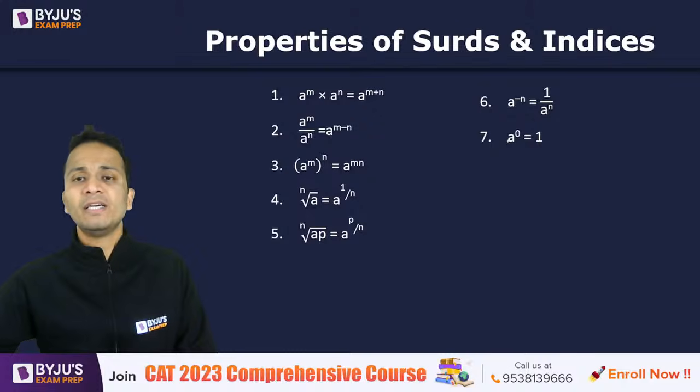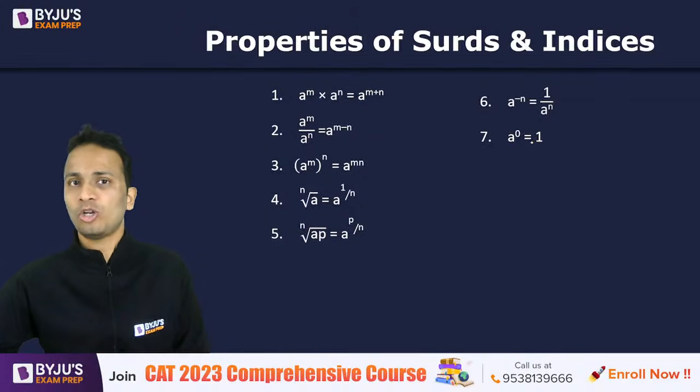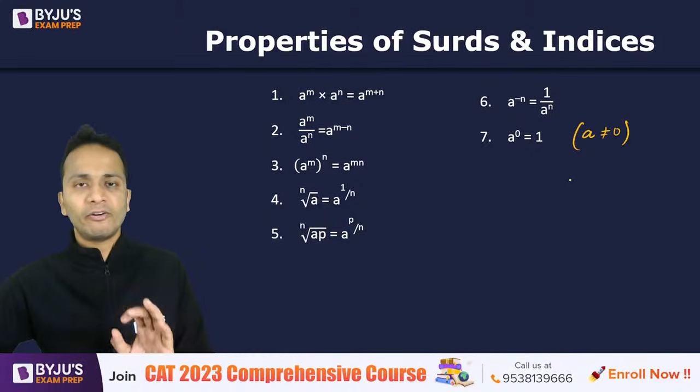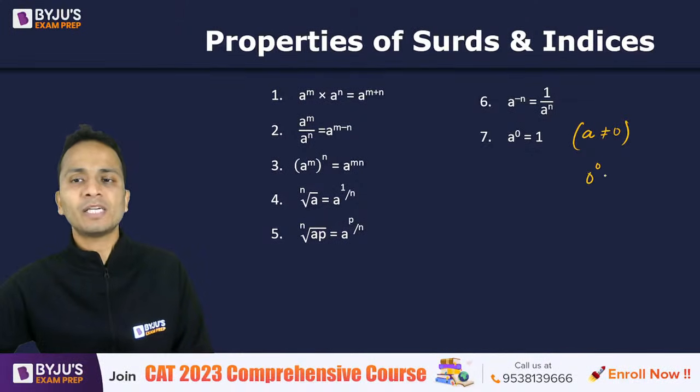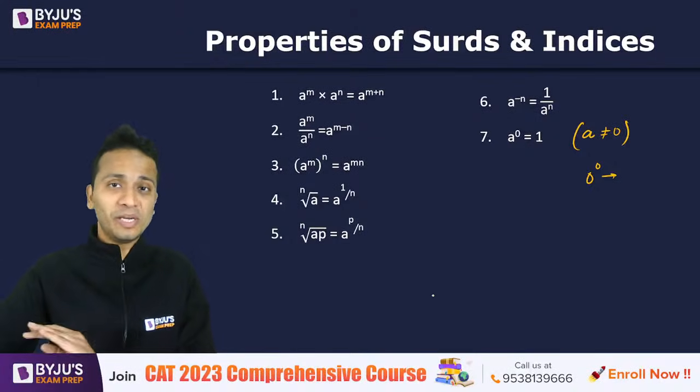Property number 7, any number raised to the power 0. Does it always equal 1? No, not always. A raised to the power 0 will be equal to 1 provided a is not equal to 0. a should not be 0, right? Because 0 raised to the power 0, this form is not defined. 0 raised to the power 0 is not defined.